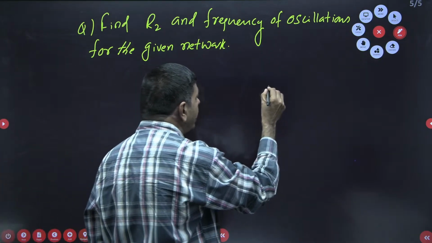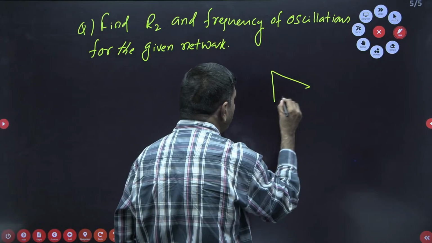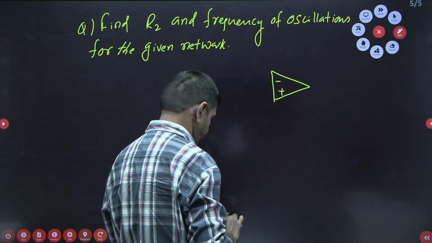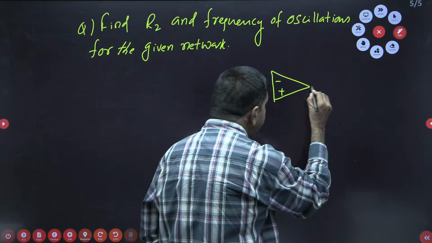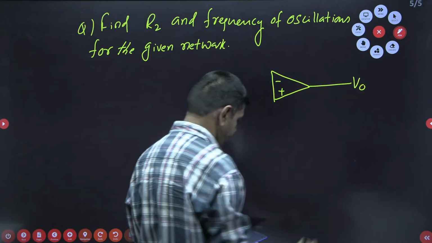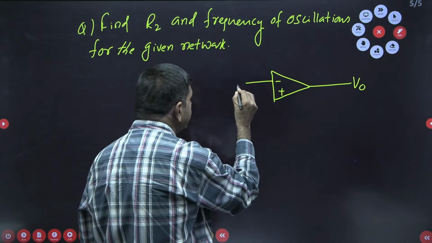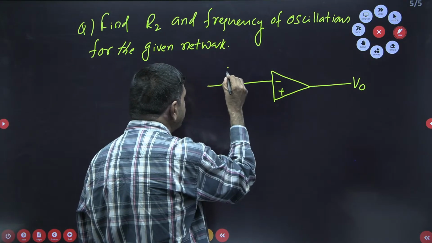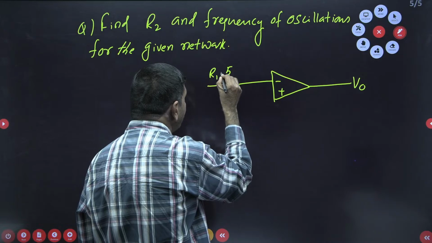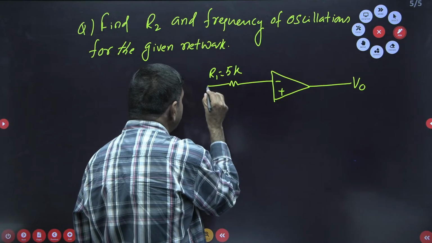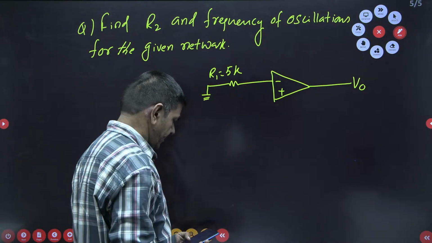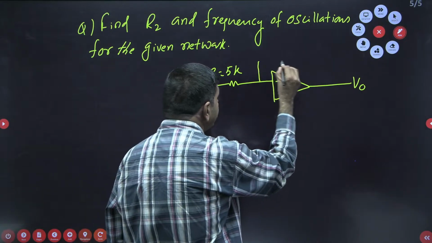There is an operational amplifier, and V0 is taken from here. Here R1 equal to 5K is connected, and this is connected to the ground. Here it is connected with a resistance R2.